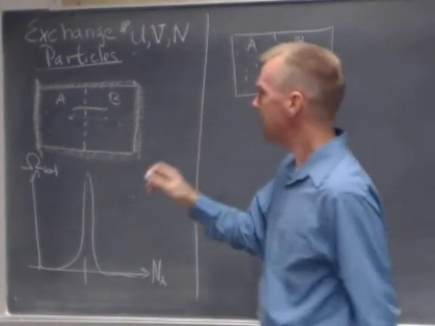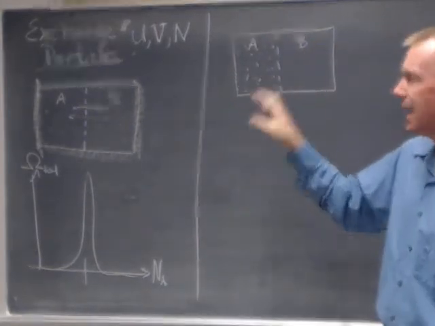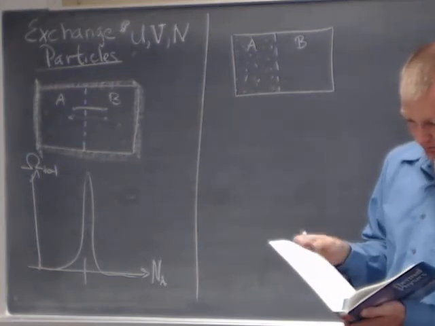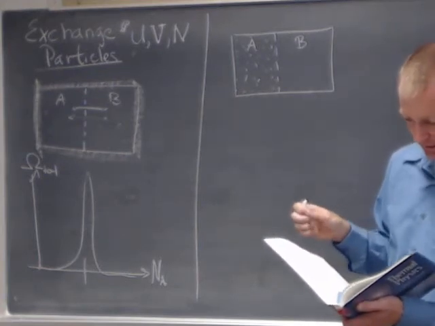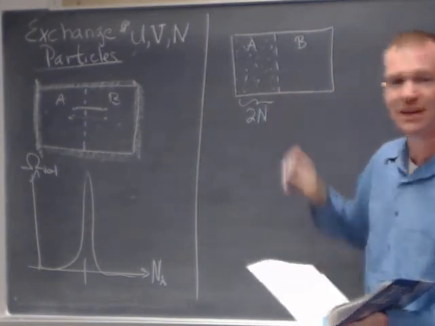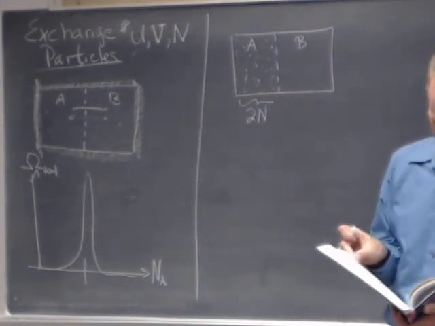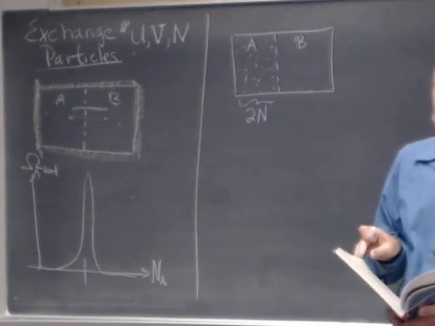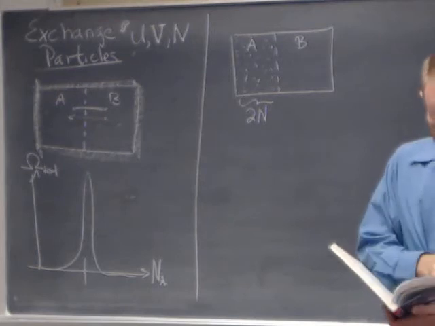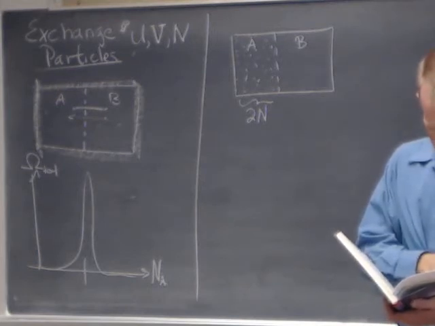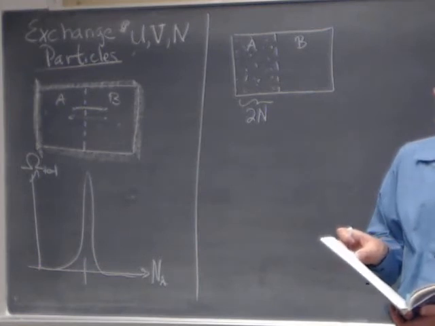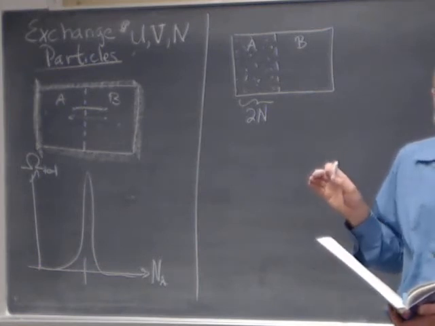Okay. What we can do is, if we start off with A having N molecules and B having N molecules, then what we're asking is the chance that we have 2N on side A. Trying to think if I'm setting this up correctly.